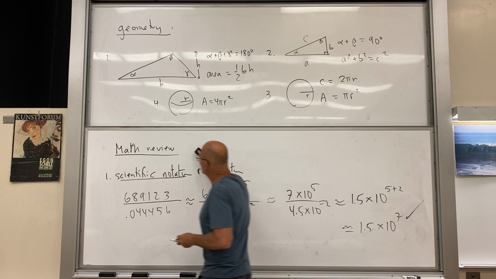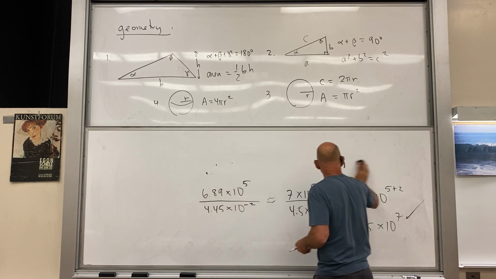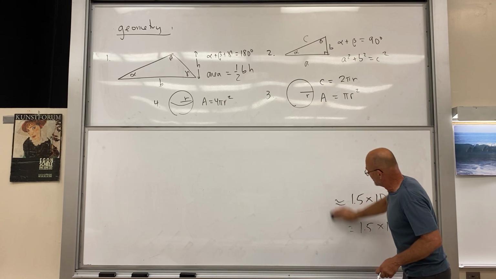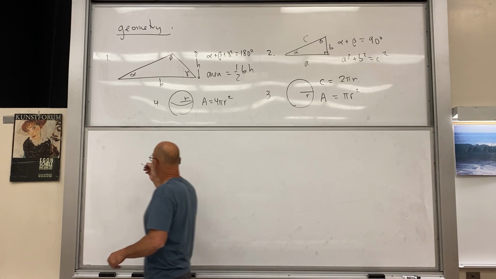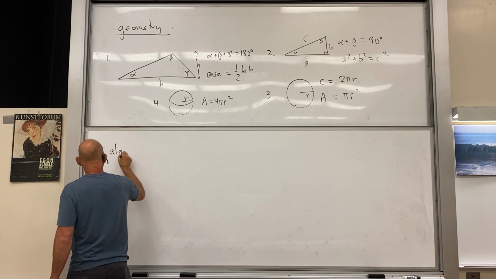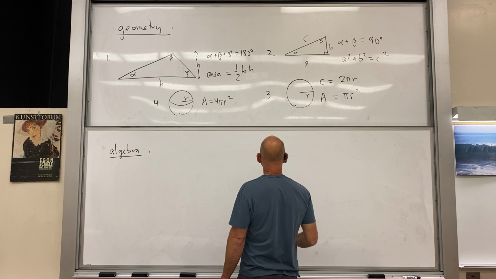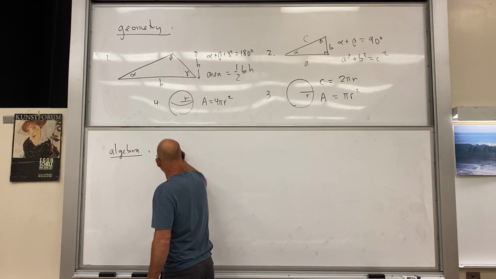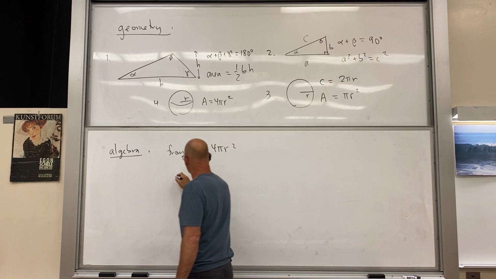And then we can algebraically manipulate these kinds of formulas. So right under here I'll say algebra, and we'll just do something with any of these formulas here. So for example, we've got the area of a sphere, A equals 4 pi radius squared.